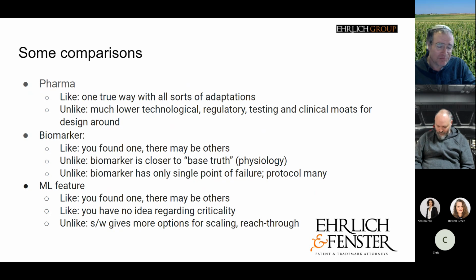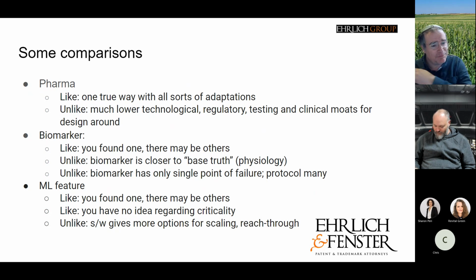In protocols, not so much. In biomarkers, what is similar, that if you have one, there could be others. But on the other hand, a biomarker is usually closer to what's really happening in the body. And when you talk about the claim, biomarkers usually have a single point of failure, and protocols can have many.